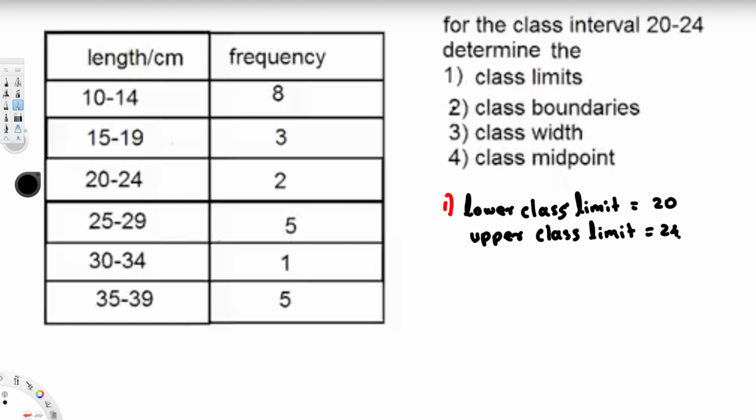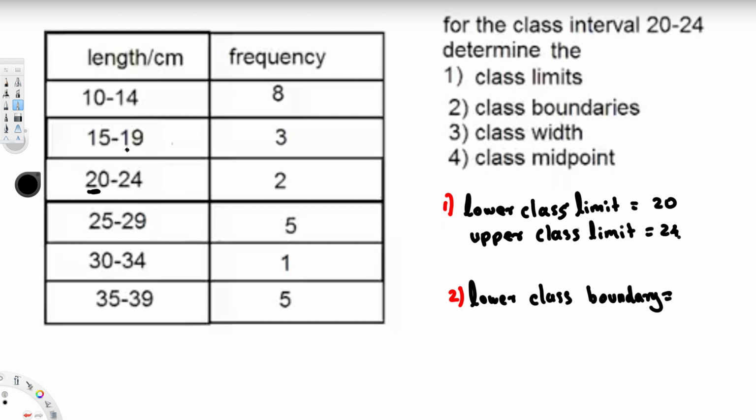The next question is asking for class boundaries. So for the lower class boundary, we know that our lower class limit is 20, so we look at 20 and the value less than this.